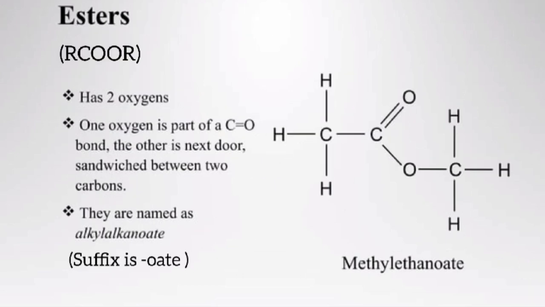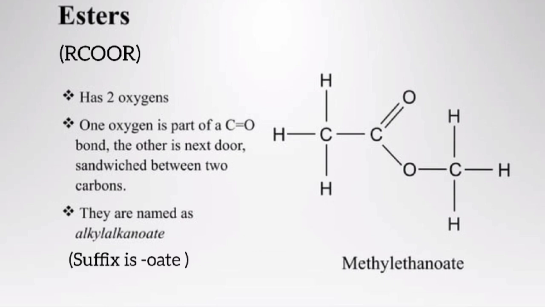The next functional group is ester. So here the general formula is RCOOR. That means just like you saw in the case of aldehydes and ketones, they had a C double bond O group. Here in the case of esters, we again have a C double bond O group, but along with that we also have another oxygen attached to it.